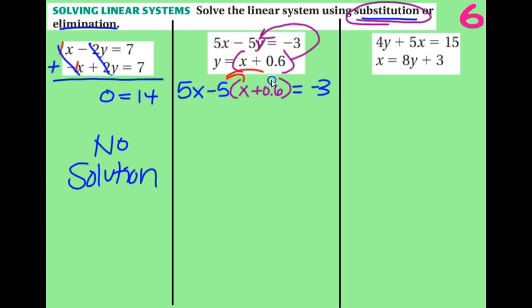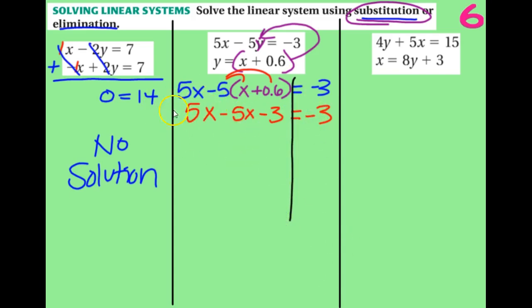So let's distribute, get rid of our parentheses. Negative 5 times x is negative 5x. Negative 5 times 0.6, I know it's going to be a negative, and I'm just going to plug that in my calculator. 5 times 0.6 will give me 3, so it's a negative 3 equals negative 3. Don't forget this 5x over in the front there.